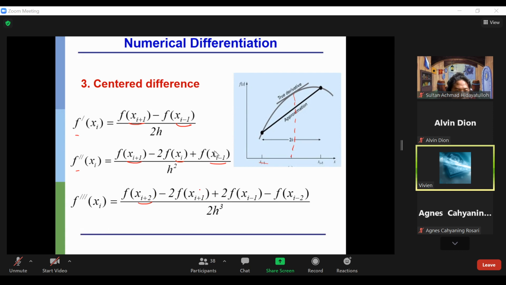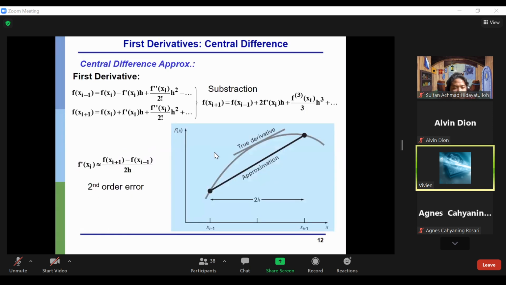And how is the derivation? We can find the steps to get this formula by combining the two equations of forward and backward, the Taylor expansion backward and forward. We combine them together, we do subtraction, so that we have the result here.